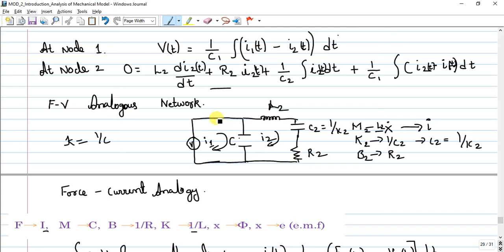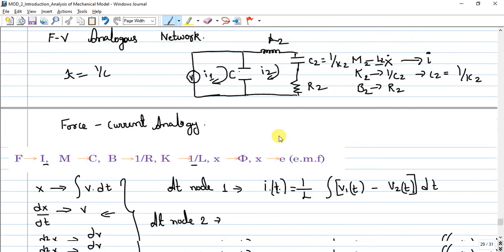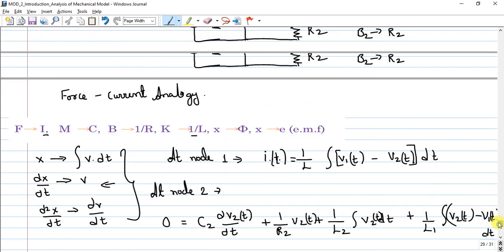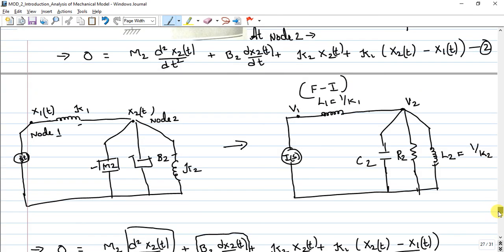If you have two displacements, you will have two loops, and connect all the elements in series. Remember that. Here again two equations with respect to force current analogy, and write down the network diagram equivalent to the mechanical system replaced with electrical elements. If you observe, all the elements are parallel. That is the concept of rewriting a given mechanical system in terms of electrical analogous.